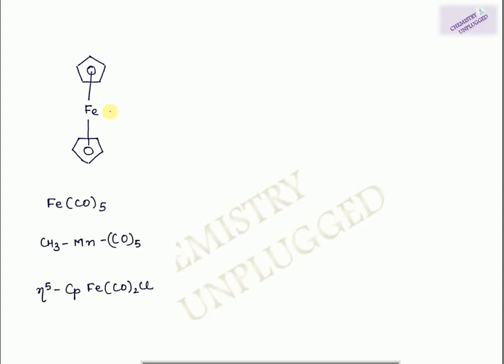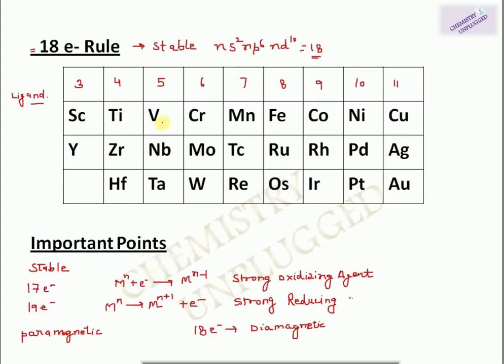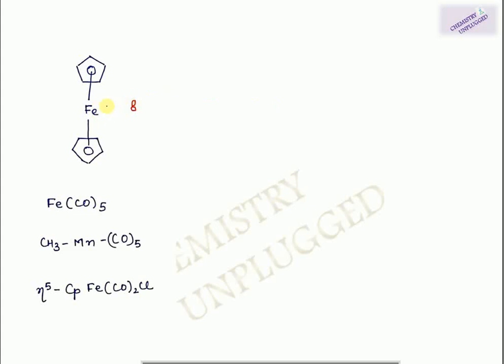First is this iron complex. We will try to calculate the total number of electrons in this complex. If you look at this table, iron has 8 electrons in its valence shell.